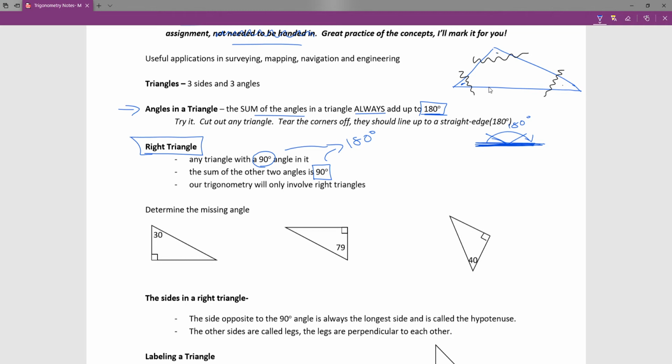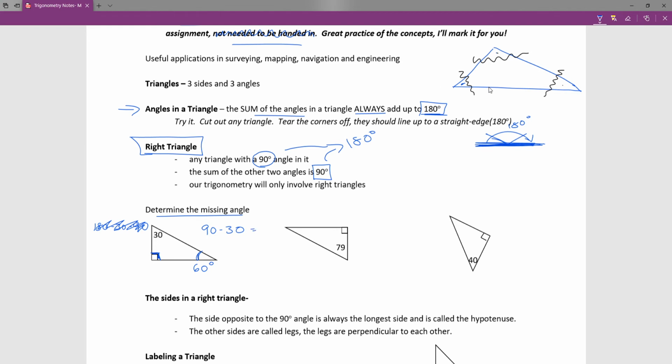So in these ones, if we were to determine the missing angle, you could take 180 minus 30 minus 90 to figure it out. Or because it has a right angle in it, and like I keep saying, all of our triangles will, we could take 90 minus 30 to figure out this missing angle as being 60 degrees. And so that's all we're doing with these ones is figuring that out.